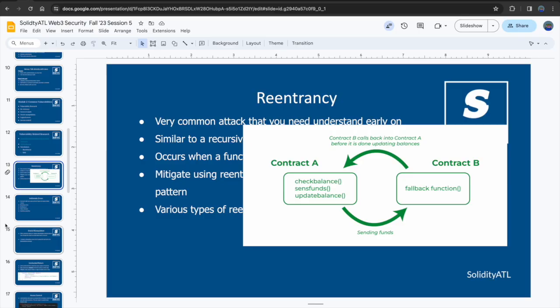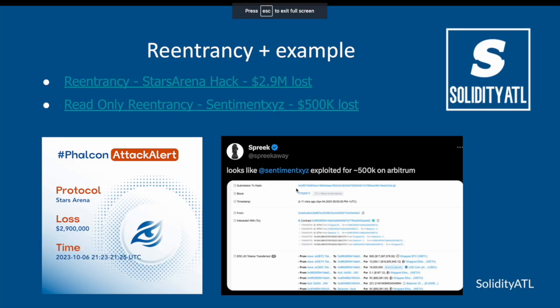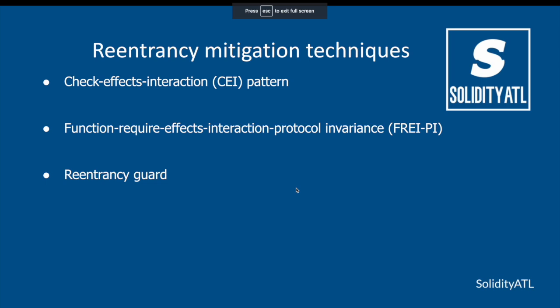So we go back to our presentation. Let's look at how a re-entrancy attack can be mitigated. So first, you can use the checks, effects, interactions pattern.